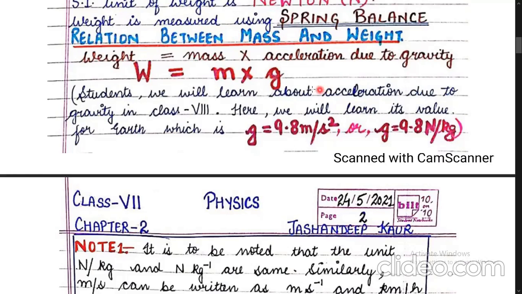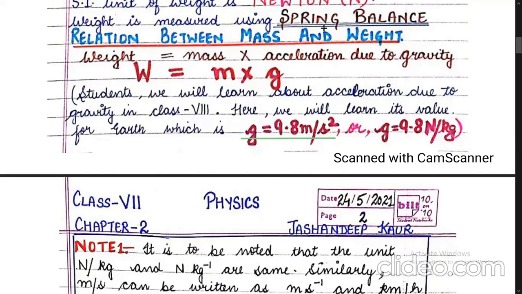But for now, you just remember the value of g. The value of g will be taken as 9.8 meters per second square for Earth. In case of Earth, the acceleration due to gravity is given as 9.8 meters per second square.